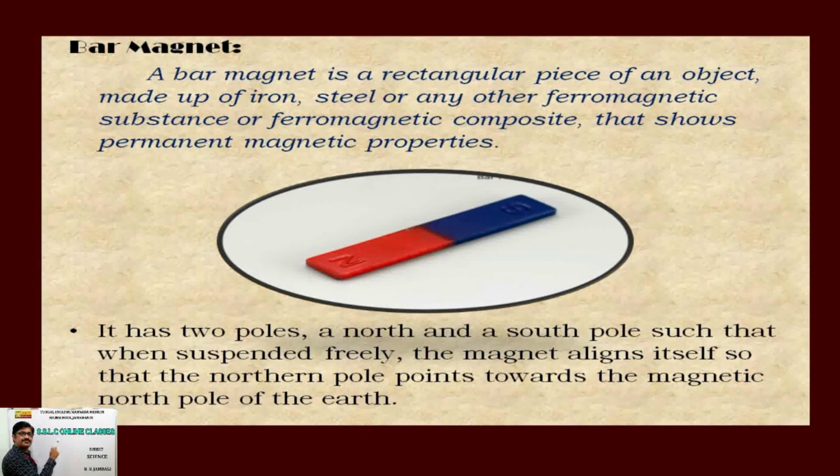Whenever you suspend that magnet freely, it finds the geographic north and geographic south of the earth. It is one of the properties which we are learning in the next few minutes.